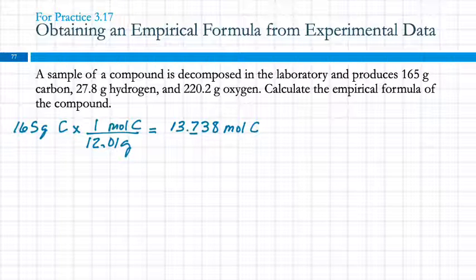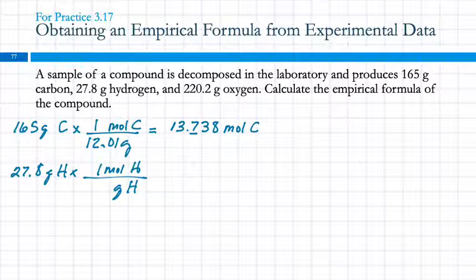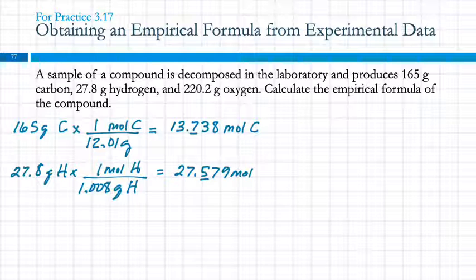So there's moles of carbon. 27.8 grams of hydrogen, 1 mole of hydrogen is 1.008 grams. 27.579 moles of hydrogen.